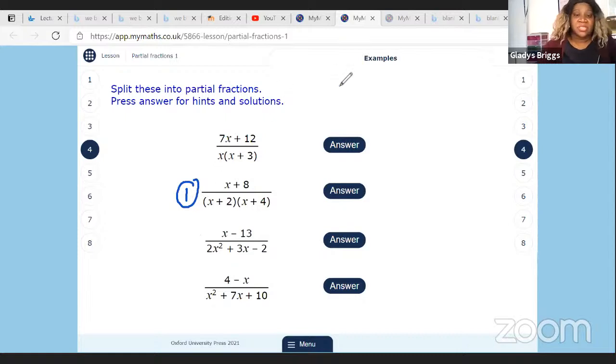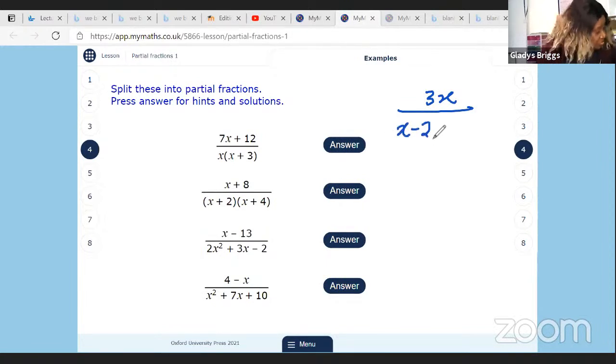No, do this one first for me. Do 3x over x minus 2 and x plus 1.